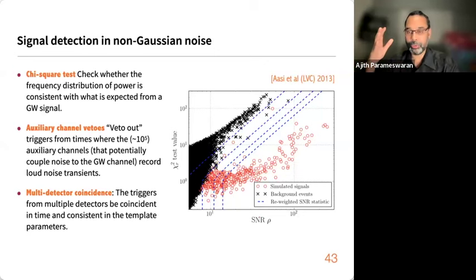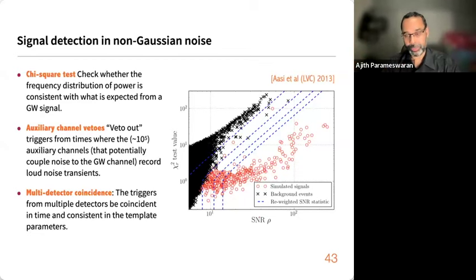So basically, whether the frequency distribution of the data is consistent with the frequency distribution that we expect from a signal. It's called a chi-square test. If the data is truly following a signal, then the chi-square should have a small value. If not, it will have a high value. So one could use it to distinguish between true events and false events.